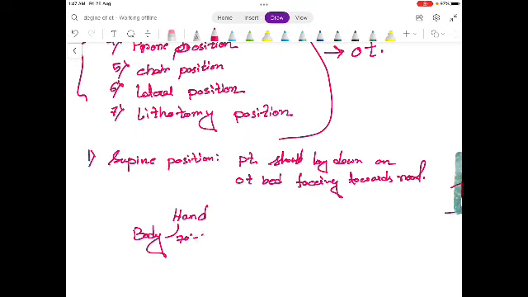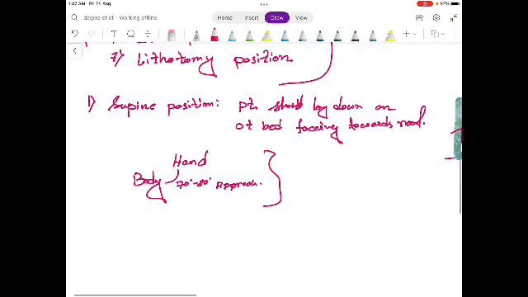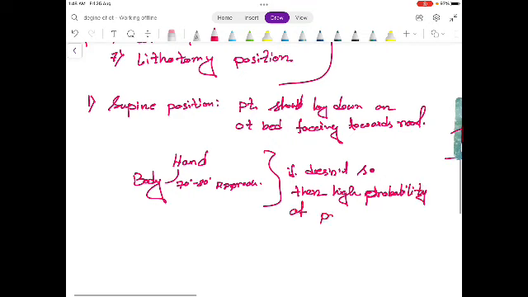So this is one of the main points, the hand towards the body even 70 to 80-degree approach, as if it does not, then there is a high probability of pressure necrosis.